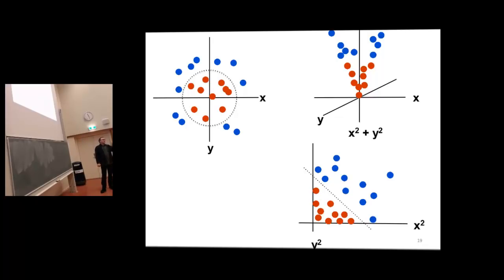Now what you can even do is say we have the values for x and y, but now we build a different feature space, a different design matrix, in which you only plot x squared and y squared. So leave out the x and the y, and then you suddenly get this feature space, where on one axis you have y squared, and here you have x squared, and suddenly all the red ones are in the corner close to zero, and the blue ones on the outside.